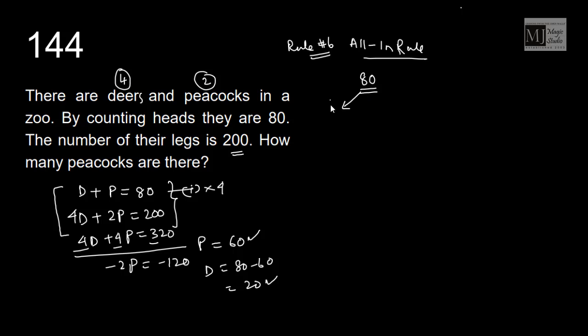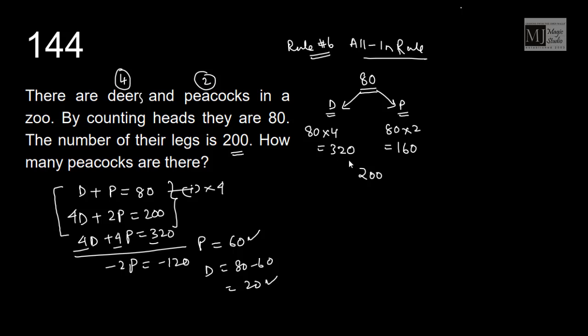Let all heads belong to deer. If all heads belong to deer, then there should be 80 into 4, that is 320 legs. And if all heads belong to peacocks, then there should be 80 into 2, that is 160 legs, but legs count is 200.